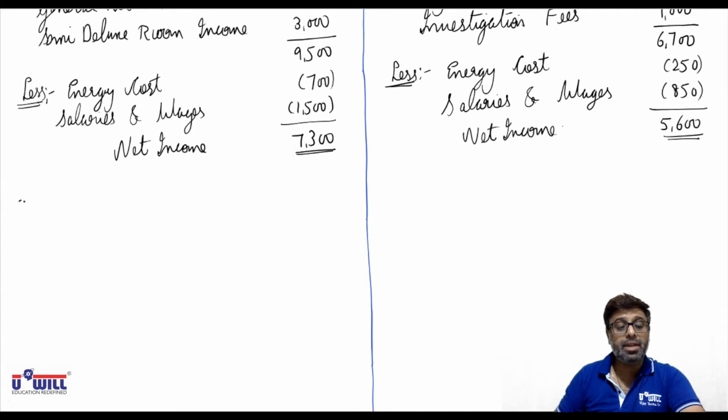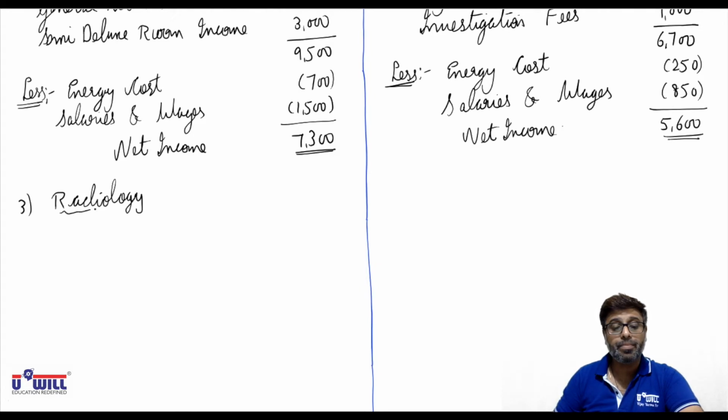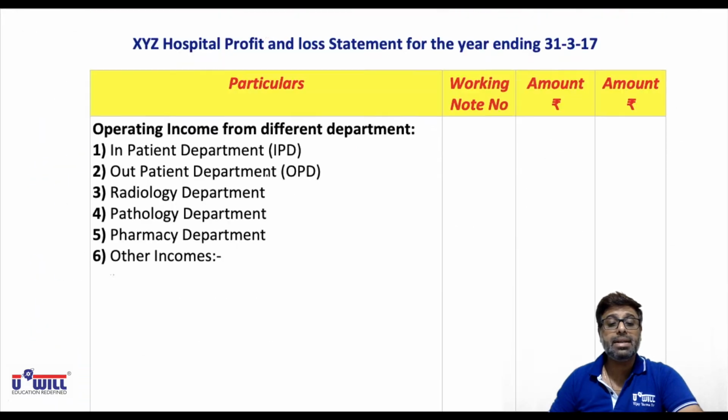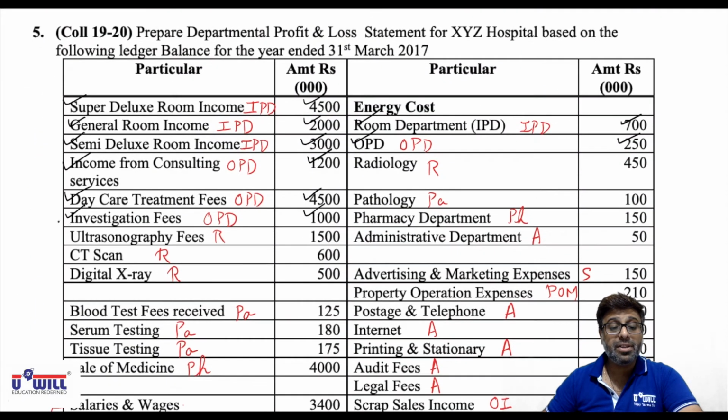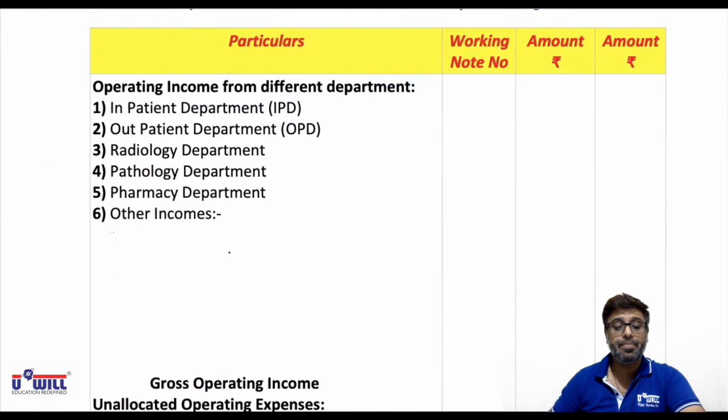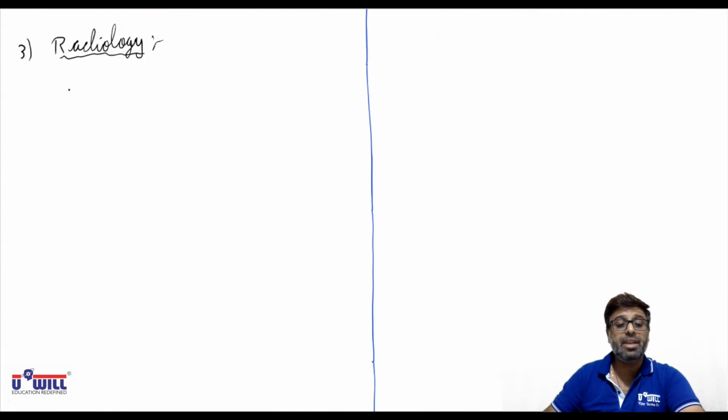Then third workings will be for radiology department. All the items marked as R. Very first we have this ultrasonography fees of 1500.